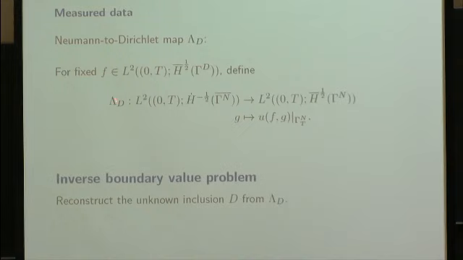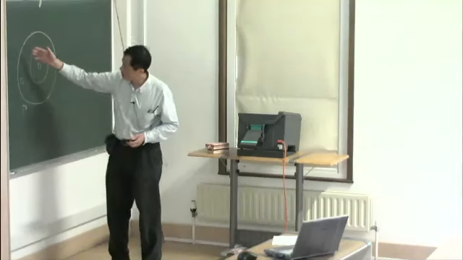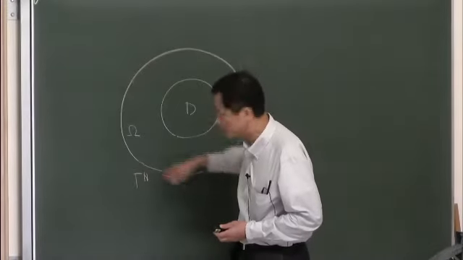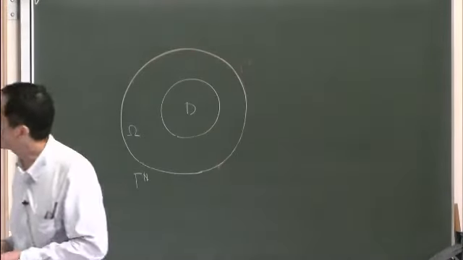F is Dirichlet data on gamma D, and then we define this map Lambda_D as a map sending this g, the Neumann data, to the Dirichlet data of the solution on the same boundary, gamma N times T. So we are fixing the data on this gamma D, but we are varying the data on gamma N and making the measurement on gamma N. Okay.